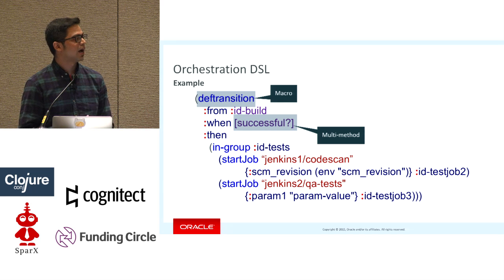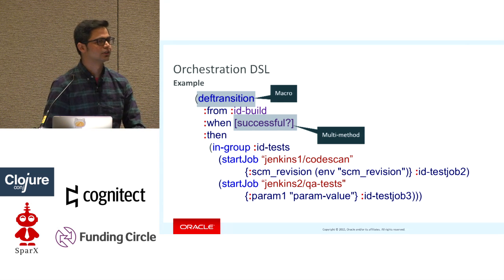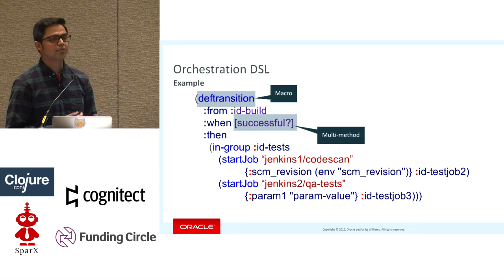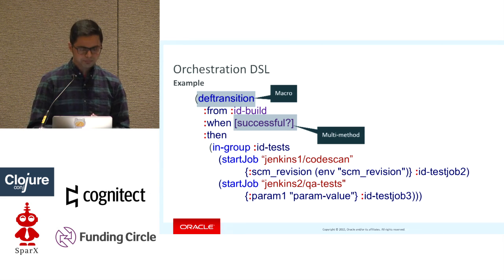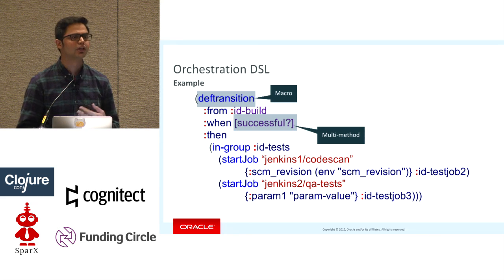Because the events are maps, we are able to dispatch easily and create the multi-method dispatcher functions easily. So we use multi-methods heavily to keep the DSL very concise, so a person who wants to define the orchestration doesn't have to know Clojure all that well.